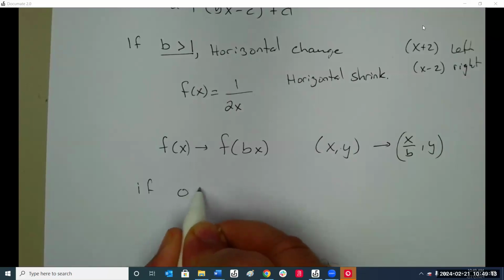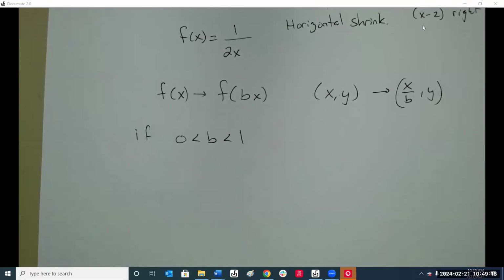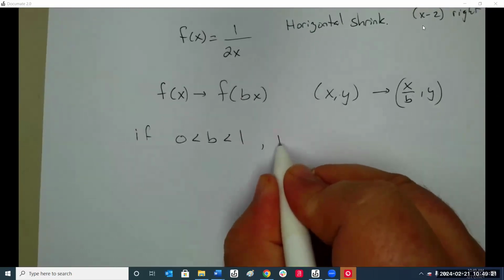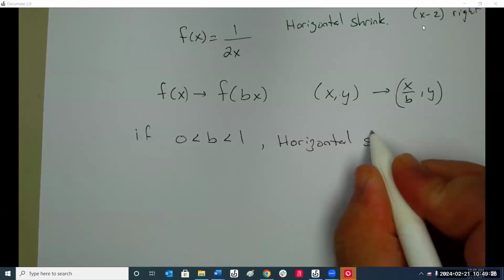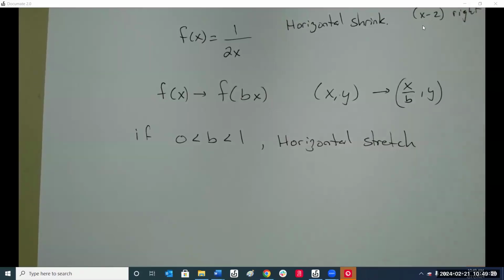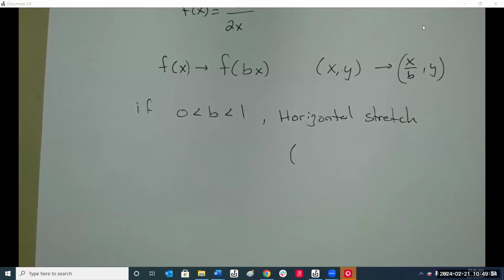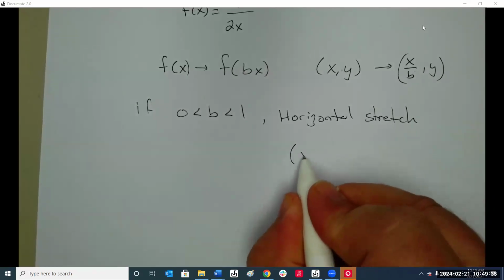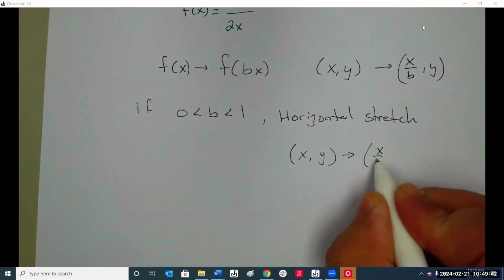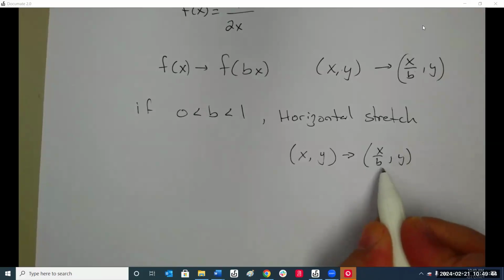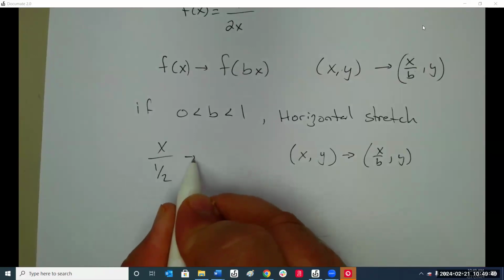If b is between 0 and 1, then it's a horizontal stretch. And again, it's the same thing, but if b is a fraction, if we had x over 1/2, what does that become?